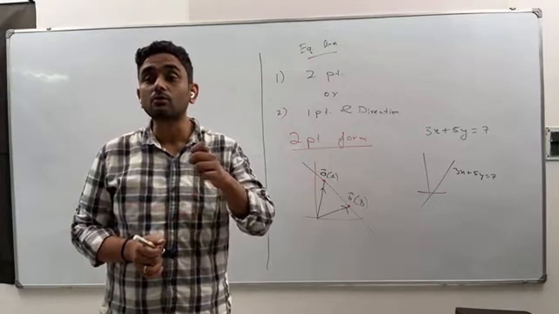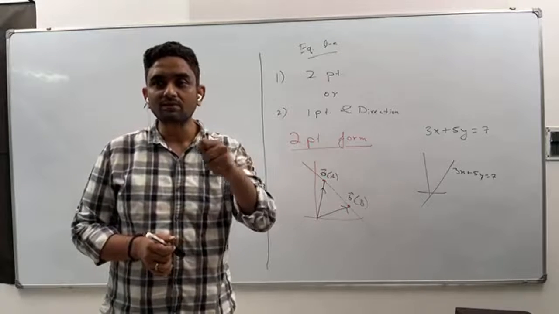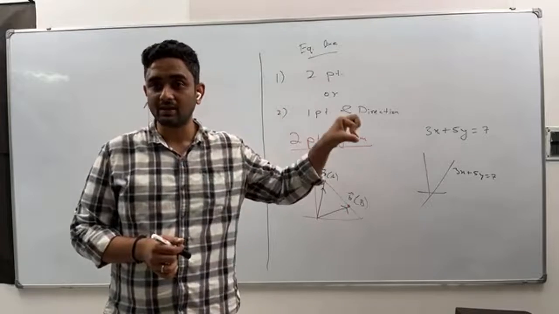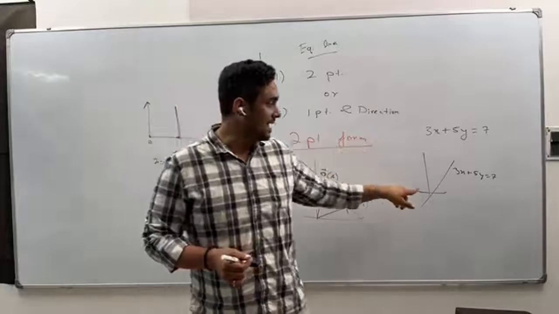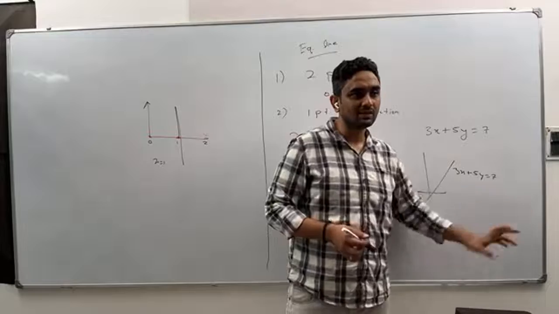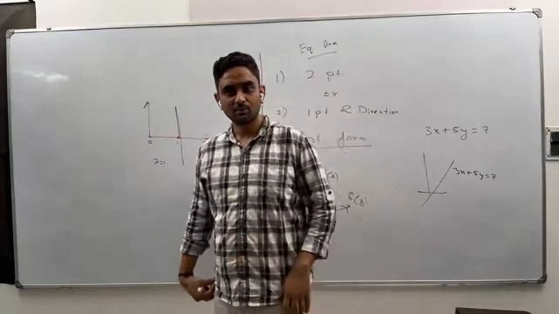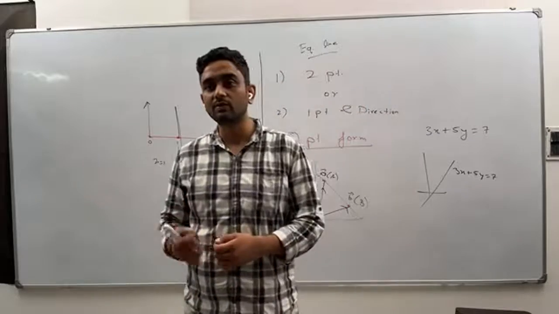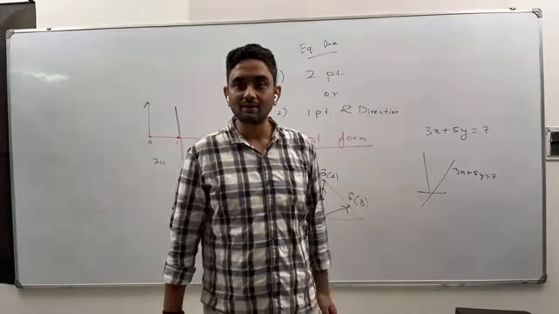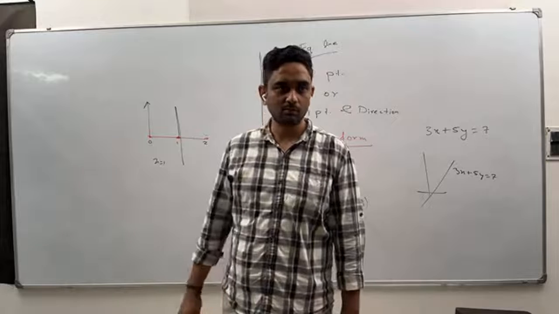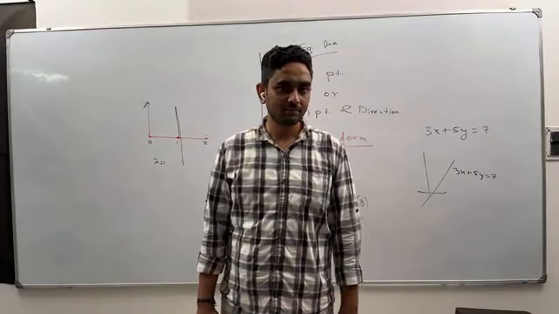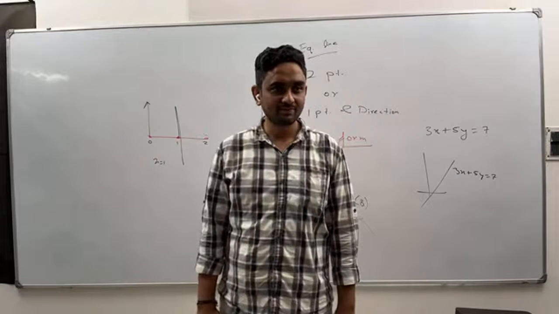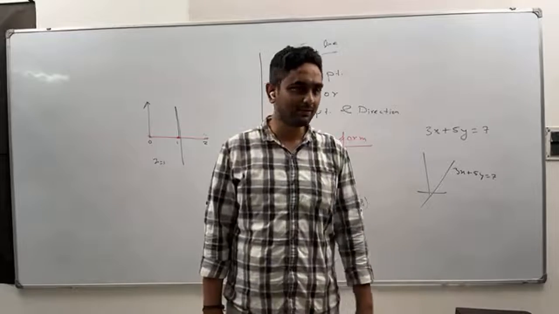X and y are coordinates of a point on the line. And any random coordinate you take, this combination will satisfy. Okay, that's why it's the equation of a line. So basically, an equation is the relation between the x, y, and z coordinates in 3D. We'll put another z coordinate. Clear all of it at this point?